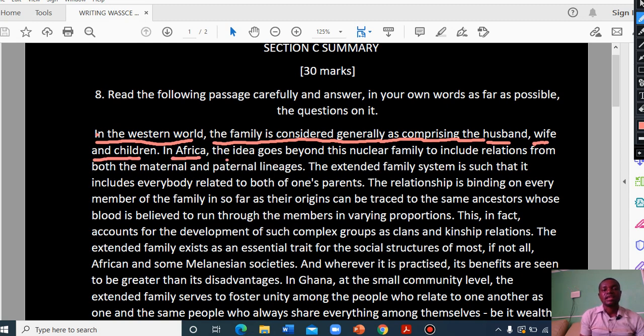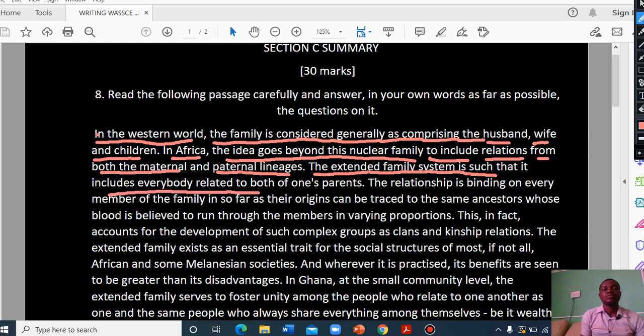In Africa, the idea goes beyond this nuclear family to include relations from both maternal and paternal lineages. So we can move on. The extended family system is such that it includes everybody related to both one's parents.